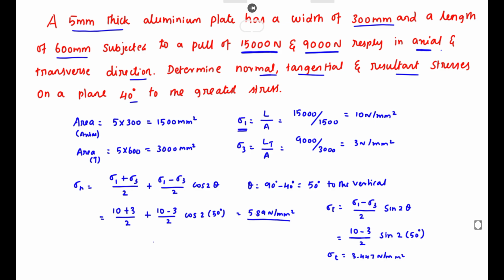Now we have to find the resultant stress, sigma resultant, which equals the root of sigma n square plus sigma t square, the normal stress and the tangential stress. Substituting, 5.89 square plus 3.447 square.